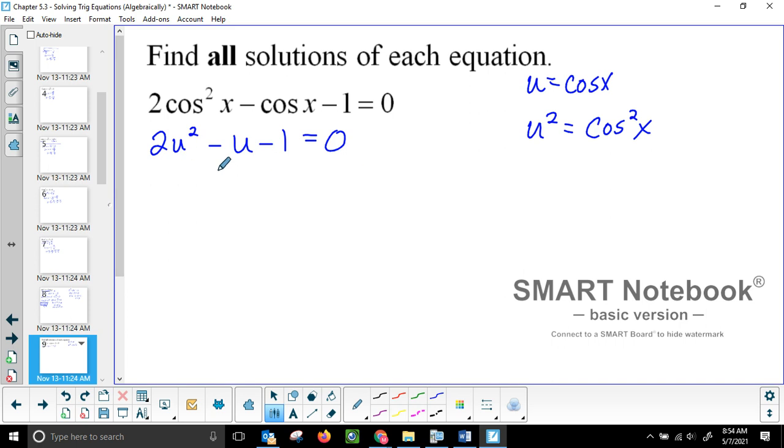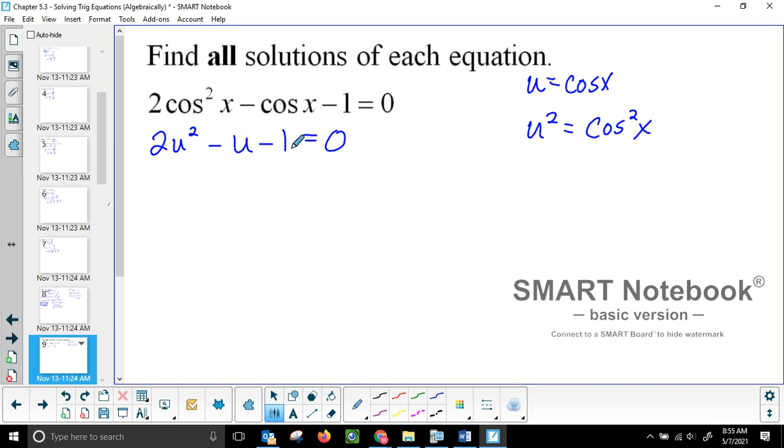Now that looks exactly like quadratics that we've been used to solving our entire lives. Now, guys, if you just see the quadratic with the cosine in it, you don't have to switch it to u's. I know that in this class there's probably at least 3 or 4 of you that just look at it and see it, and you don't need to put u's in there. You don't have to do that.